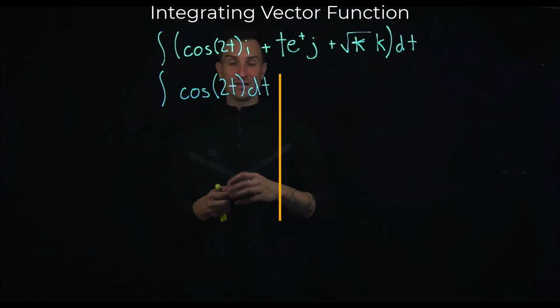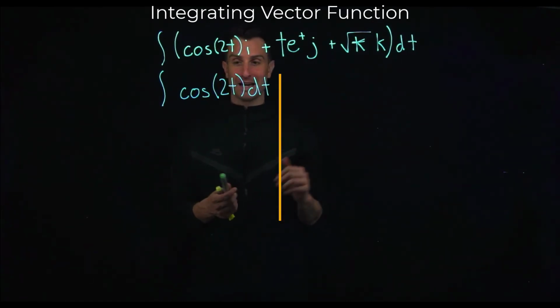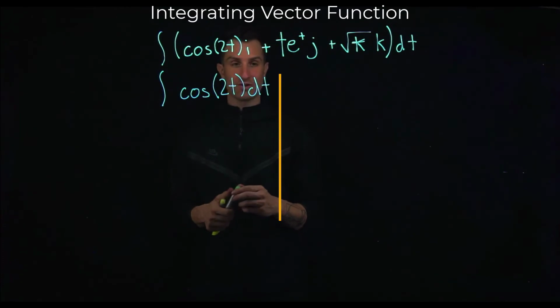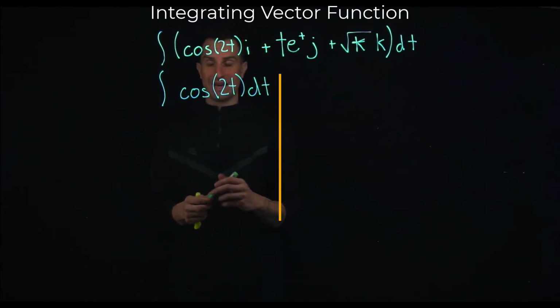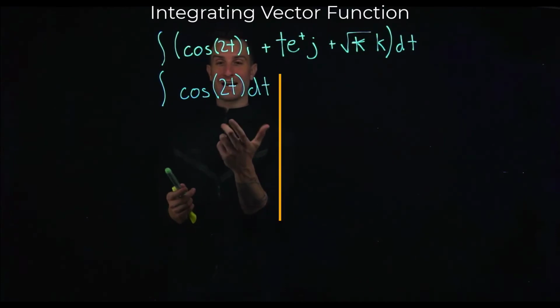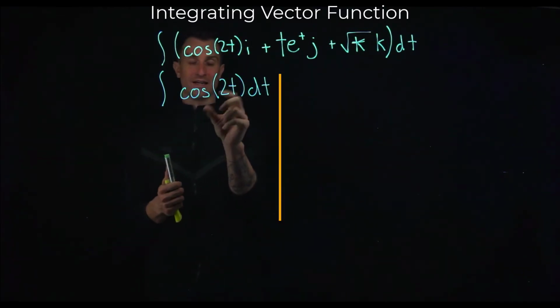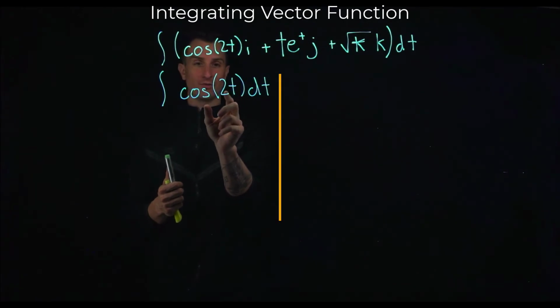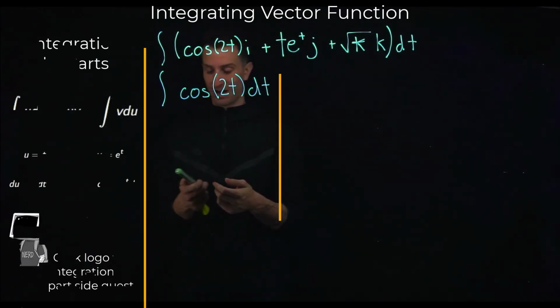This is a mini U substitution problem. Now I'm going to go through this one fairly fast. Again, I did add another video if you want to go watch a U substitution video on its own from Calc 2. That should be added. In this case, think of like a backwards type of chain rule. If we're doing derivatives, we'd be multiplying by 2 when we do the chain rule, but now when we're going backwards, we're going to divide by 2.